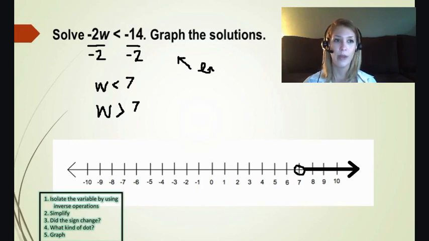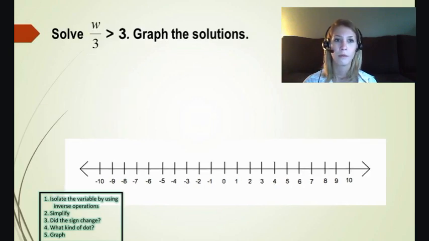So make sure that you're paying very close attention to the values that you're multiplying or dividing by in order to isolate that variable. Let's go ahead and take a look at another problem where we're asked to solve w divided by 3 is greater than 3, and to graph those solutions. First, we're going to multiply both sides by 3 in order to isolate that variable.